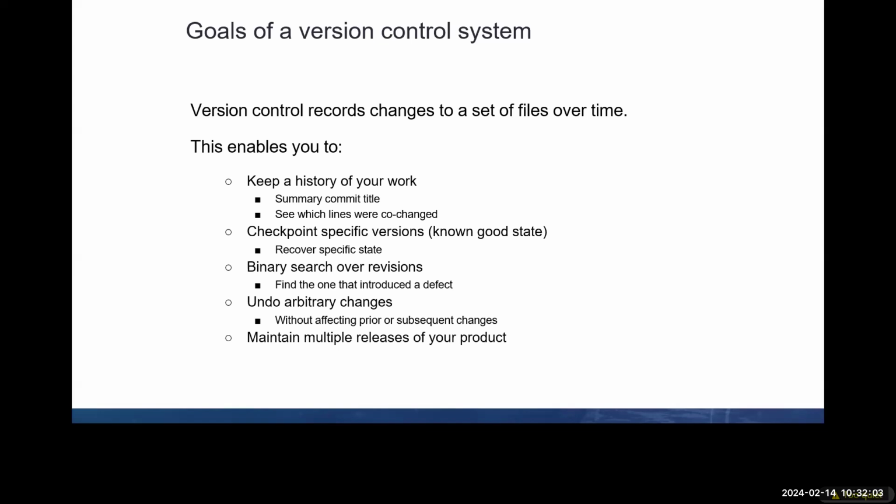The version control system also allows us to maintain multiple releases of your product. So it has a lot of advantages that we can benefit from, and it will save us from many things: time, ambiguity, space, and more.